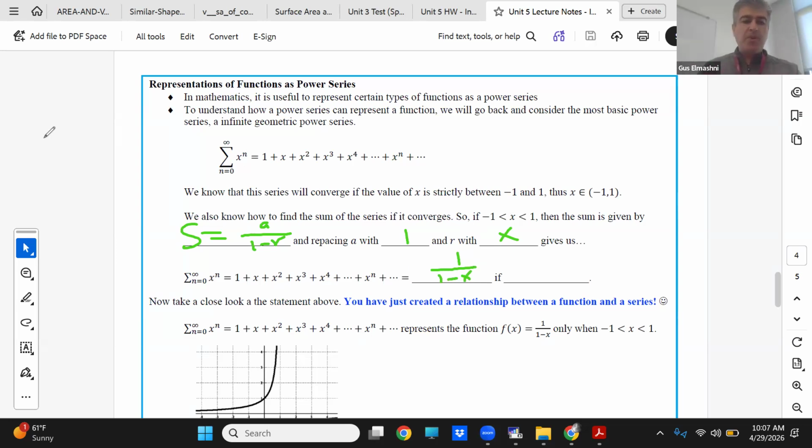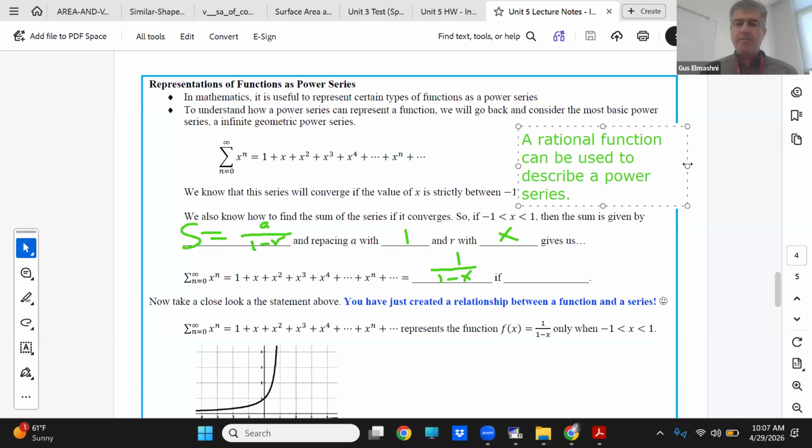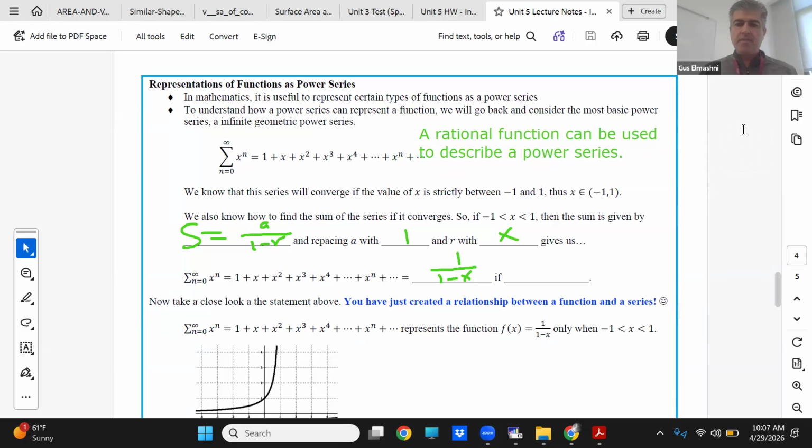So that's what we just did. We just created a relationship here. A rational function can be used to describe a power series. And of course, x has to be between what and what for this to make sense?